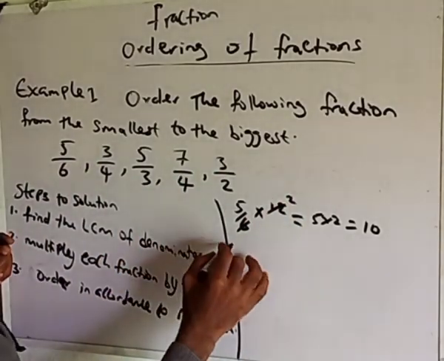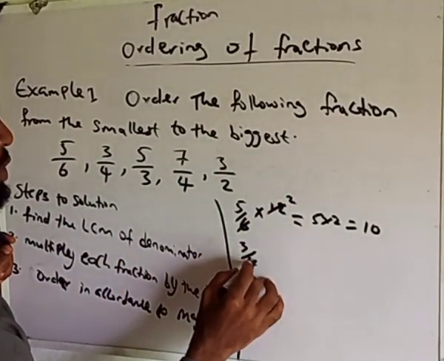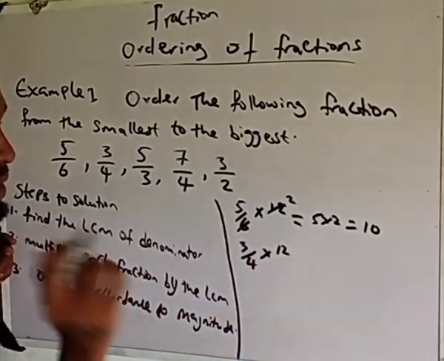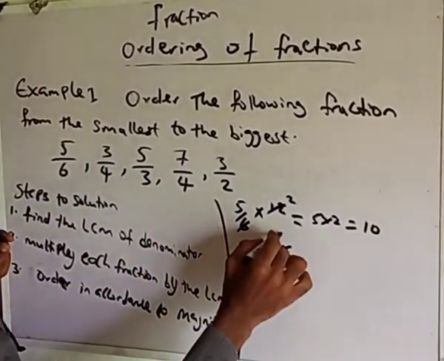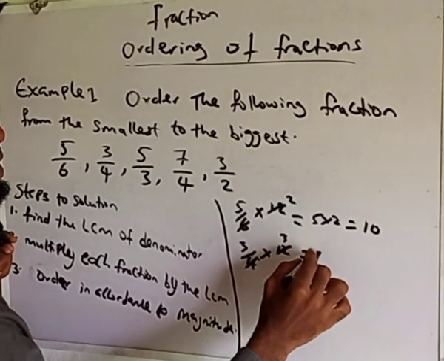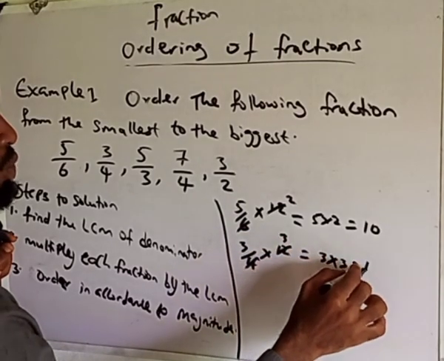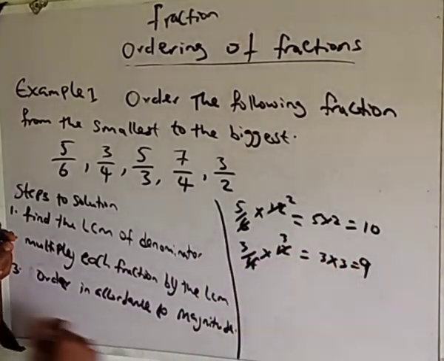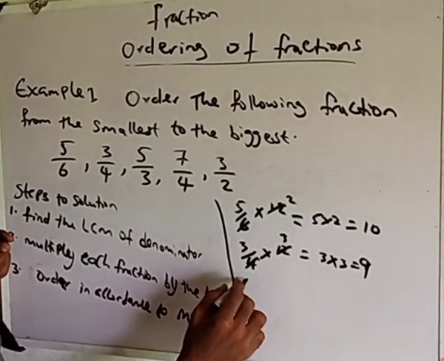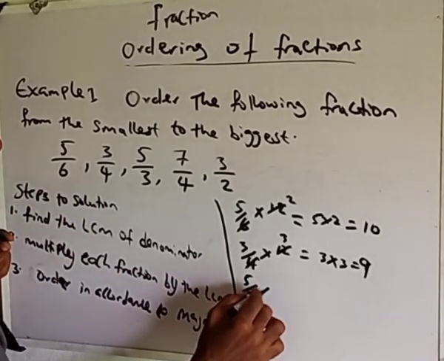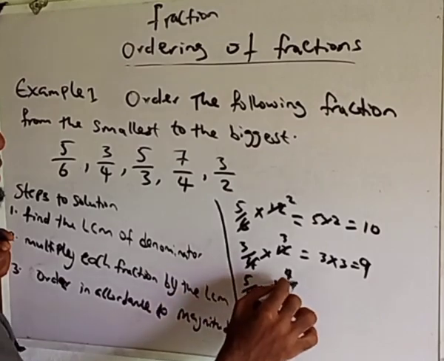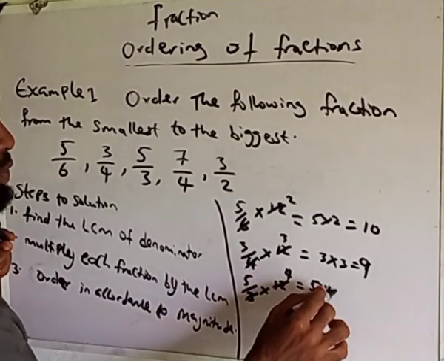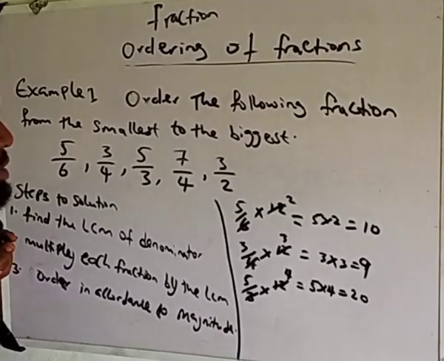The second one, I have 3 over 4 times 12. That is the same LCM. If I cancel, 4 into 12 will give me 3. So I have 3 times 3, which is equal to 9. Right? Let's go to the next one. I have 5 over 3 times 12. This can cancel this. I have 4 here. So I have 5 times 4, which is equal to 20, right?